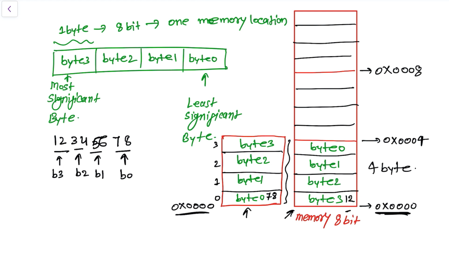Now the main question comes here: which one is the big Endian and which one is the little Endian? So what happens in little Endian and big Endian? As we write in a human readable format, that is a kind of big Endian.